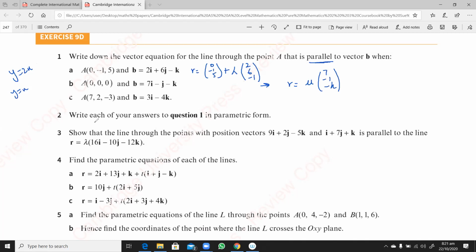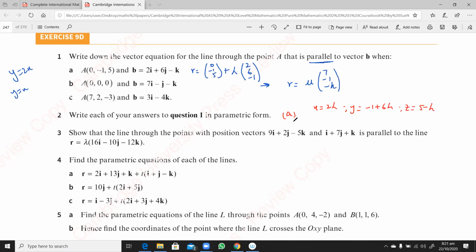Then it says write each of your answers to question number 1 in parametric form. So the parametric form for the a part can be x = 2 lambda, and then y = -1 + 6 lambda, and then z = 5 - lambda.